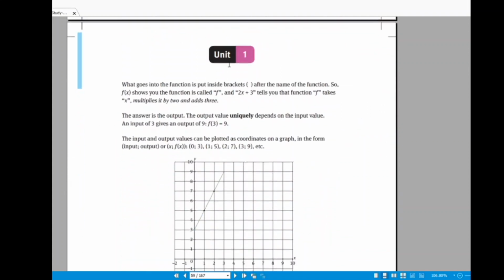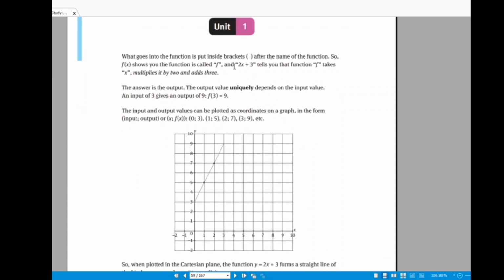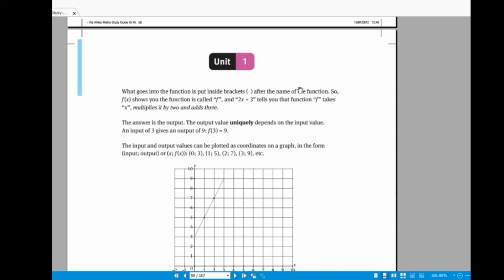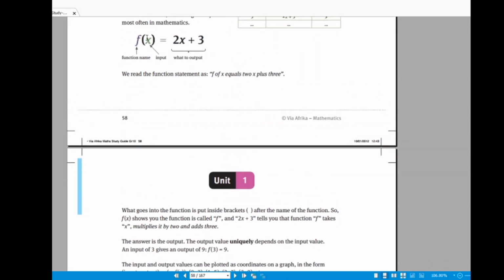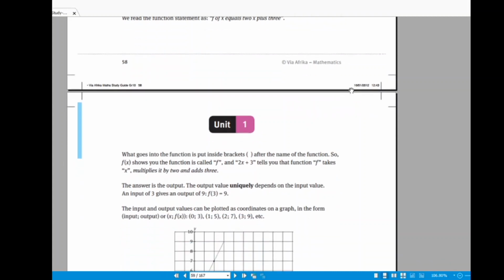Okay, so what goes into the function is put inside the brackets, right? So after the name of the function, we put x to determine what our input is, right? And whatever is inside the bracket will go into our function, right?